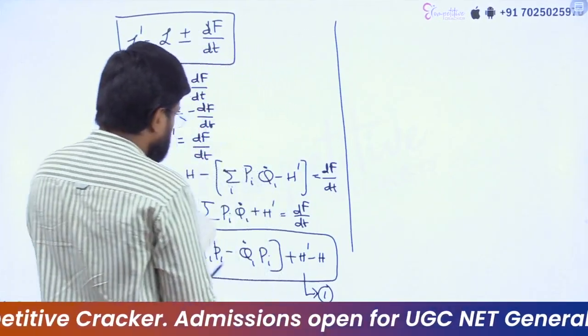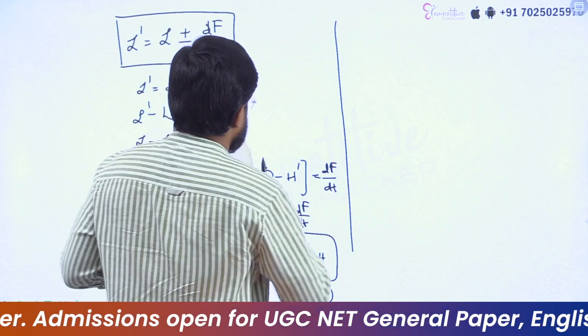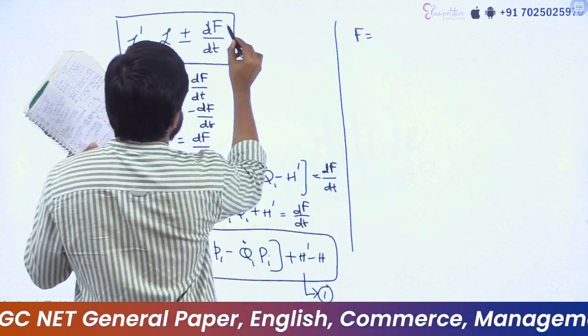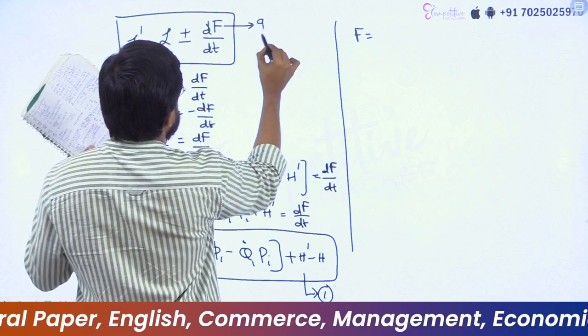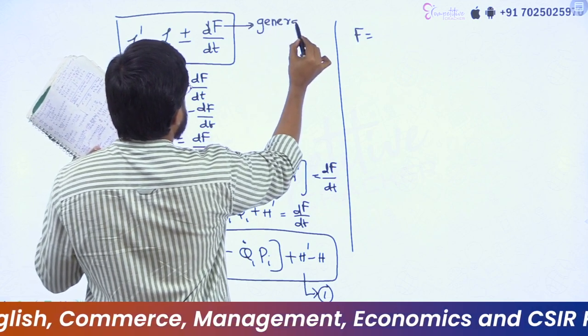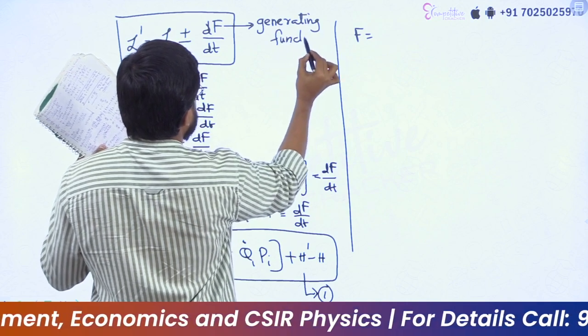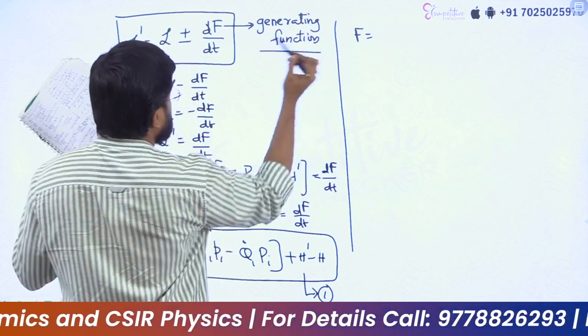I am taking this F, where F is the generating function, the function which generates the canonical transformation.